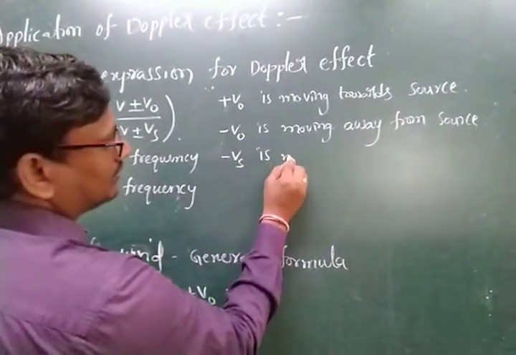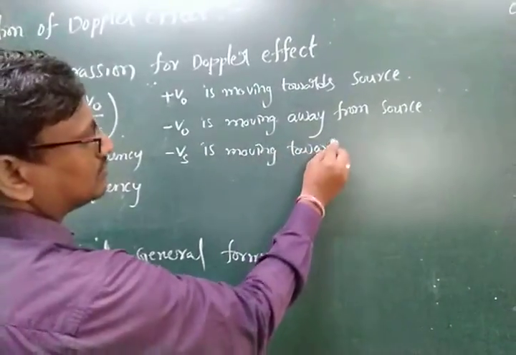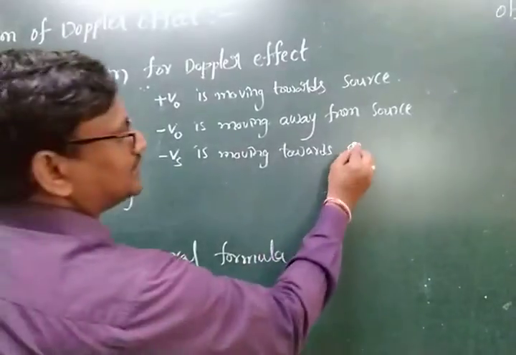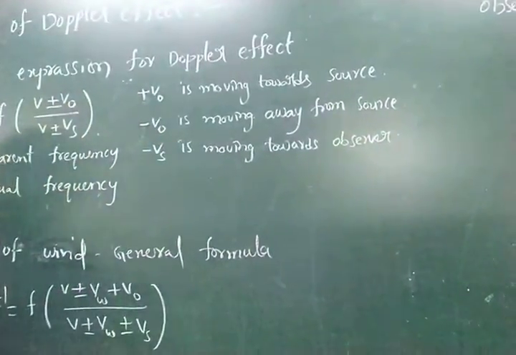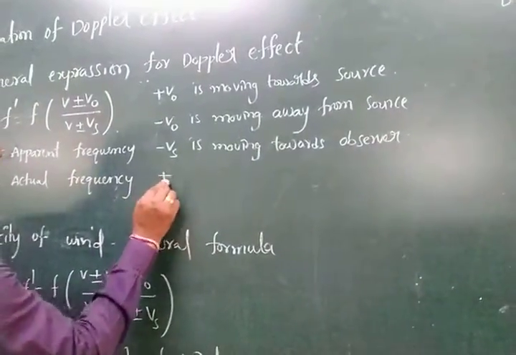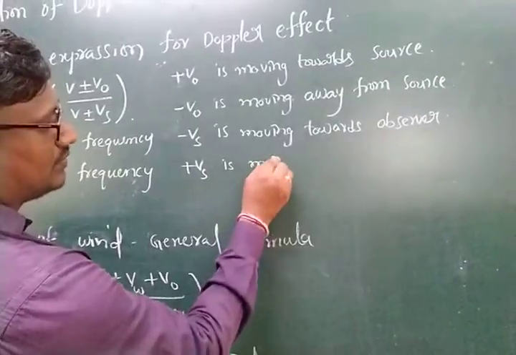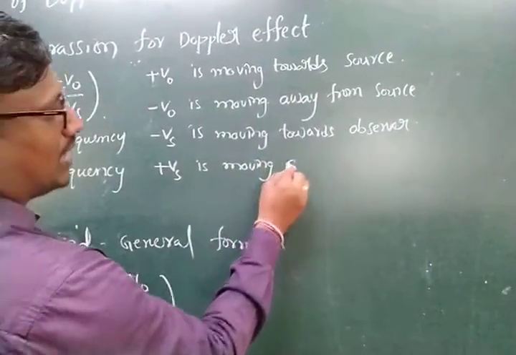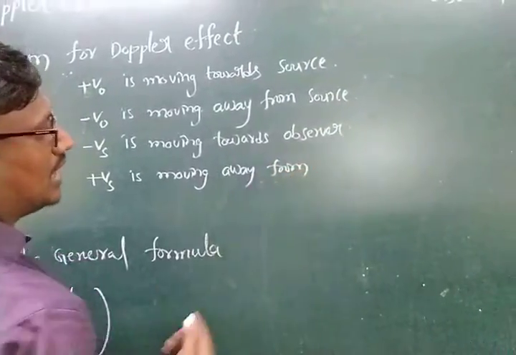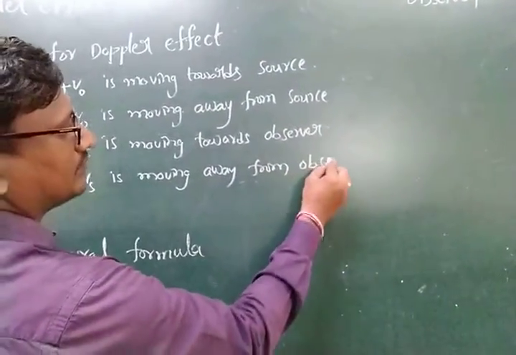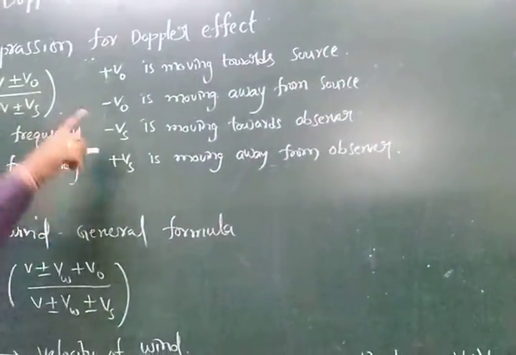Minus vs is when the source is moving towards the observer, and plus vs is when it is moving away from the observer. See, here are the four conditions.